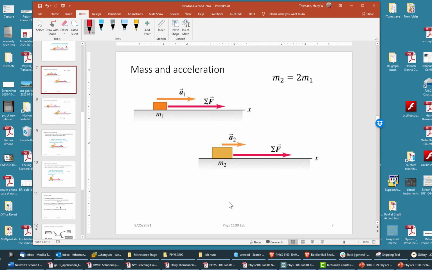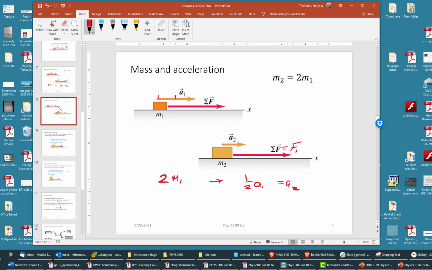Wait, we're keeping a constant force at the moment, so this still equals F1. But because we double the mass, notice that A2 is about half. So if we double the mass, then we get 1/2 of A1 equals A2.